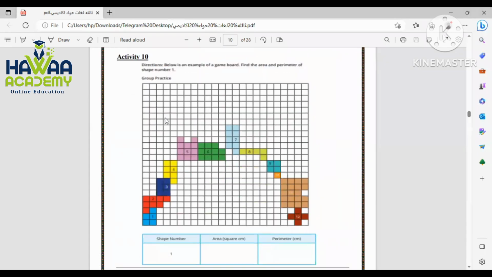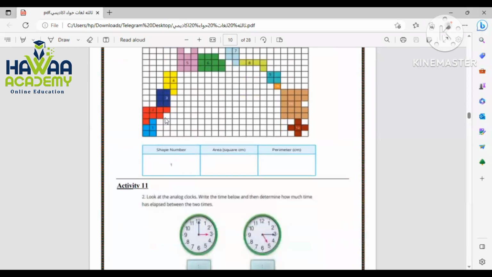Activity number 10. Below is an example of a game board. Find the area and the perimeter of shape number 1. Okay, we will find the area and the perimeter of this shape, this blue one. Let's count inside the shape to find the area. 1, 2, 3, 4, 5.